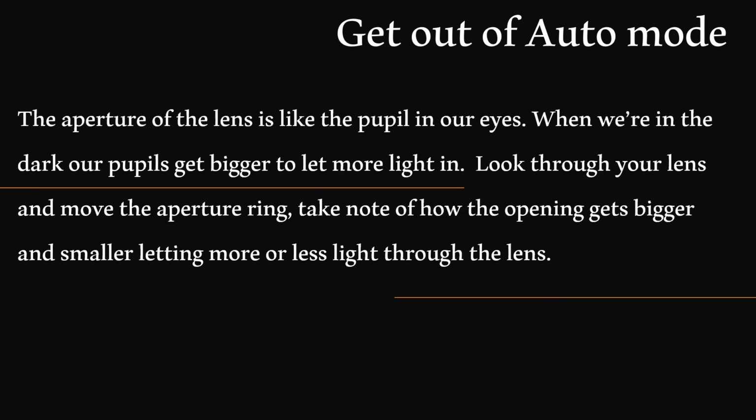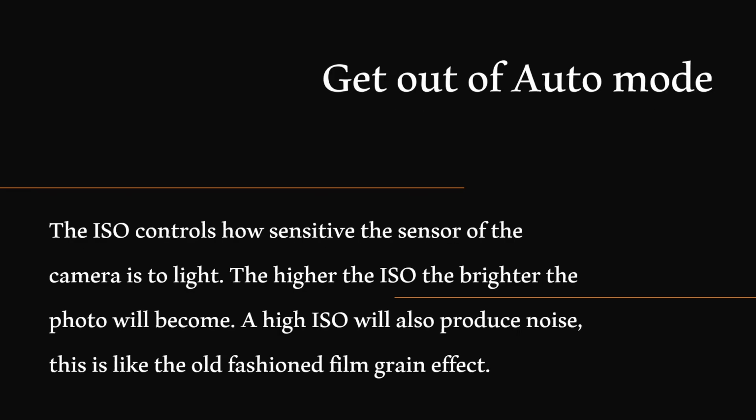The aperture of the lens is like the pupil in our eyes. When we're in the dark, our pupils get bigger to let more light in. Look through your lens and move the aperture ring. Take note of how the opening gets bigger and smaller, letting more or less light through the lens. The ISO controls how sensitive the sensor of the camera is to light.